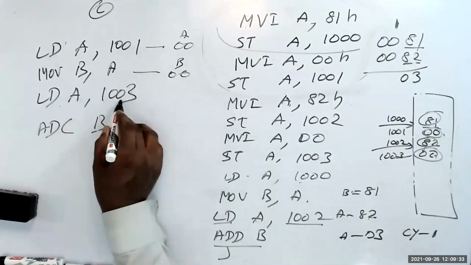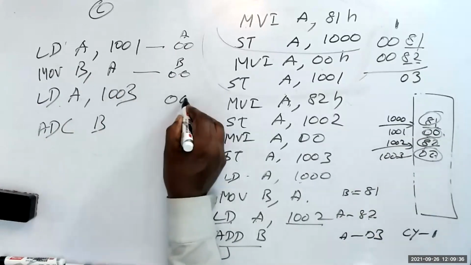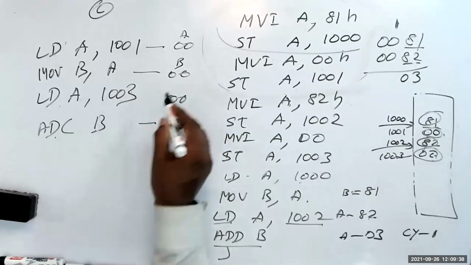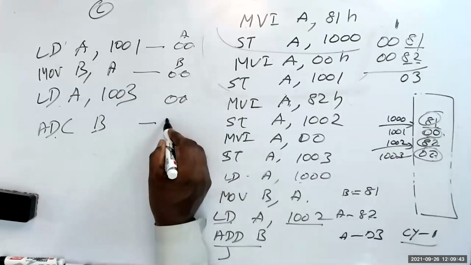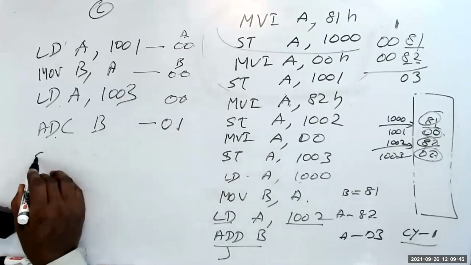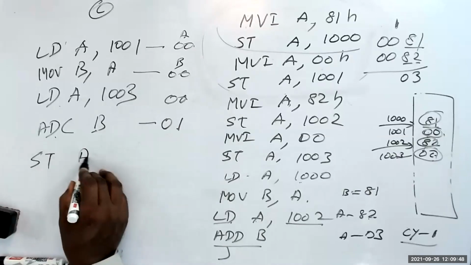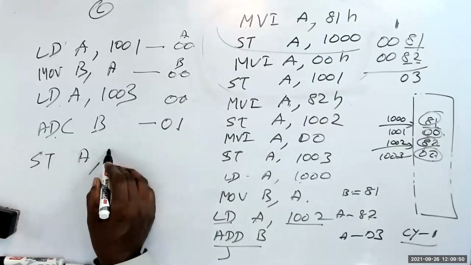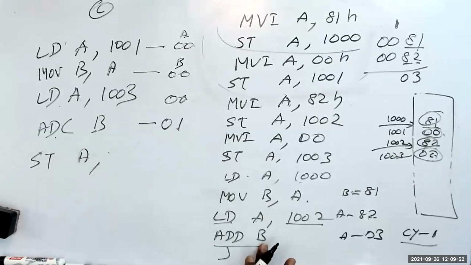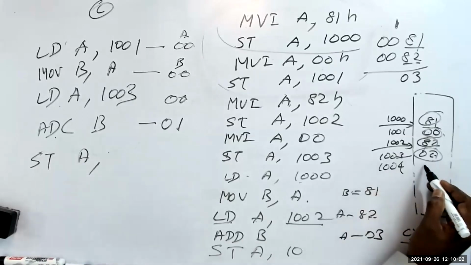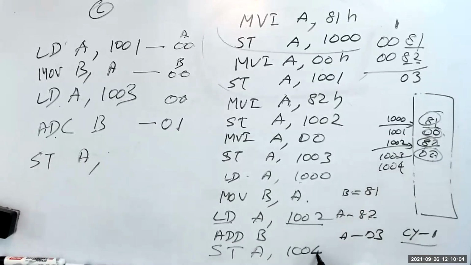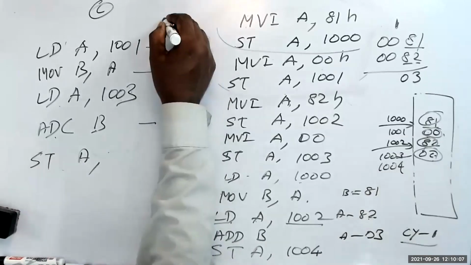Now, once again, I add. When I say add with carry, I add 0 plus 0 plus carry, which is 1. So now it becomes 01. Now I say store accumulator. Oh, here I forgot store. See, add B, store accumulator in 1004. That is your C address. Then, so we understand the table.